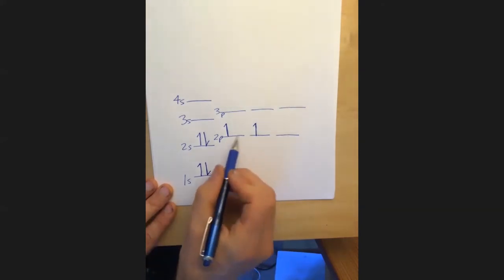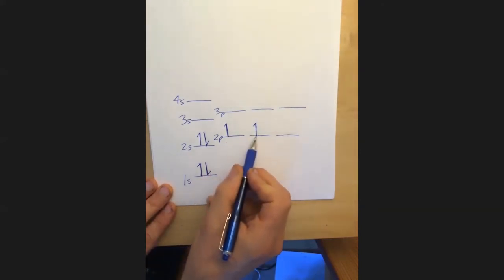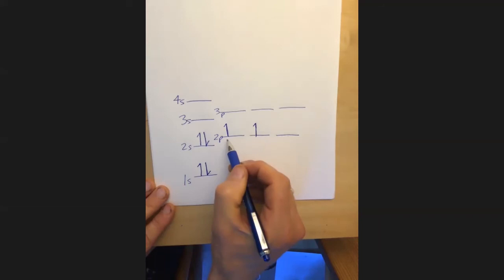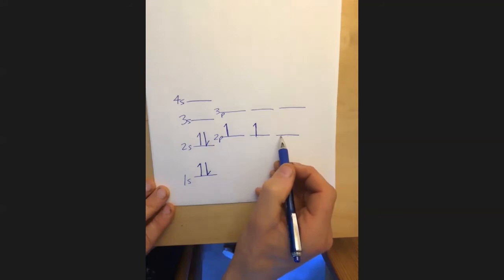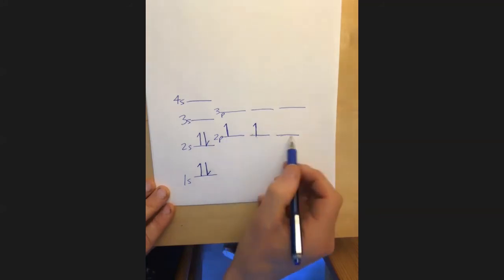You'll also notice that I put this electron pointing up instead of pointing down. And the reason I've had it pointing up is because there is a little bit of extra stability by having all of these orbitals with the electron spin in the same direction.